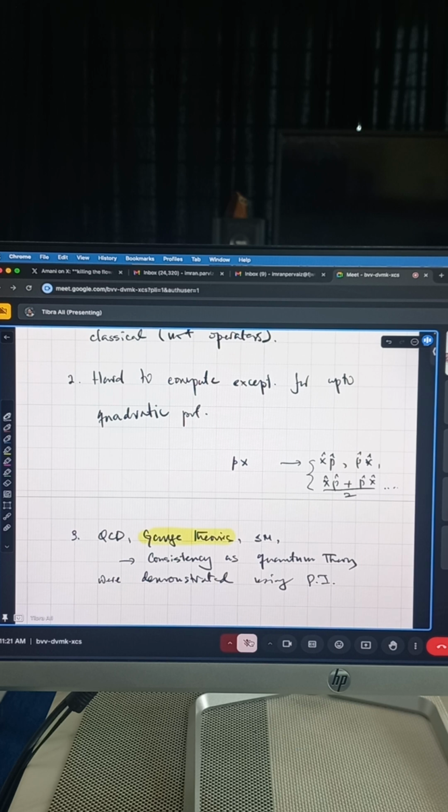If two metrics look different because they're in different coordinate systems, but are geometrically the same metric, we have to make sure we only count it once. So this diffeomorphism invariance is a form of gauge invariance, and gauge theories can be quantized in the best possible way using path integrals. Just kind of saying why path integrals are important.